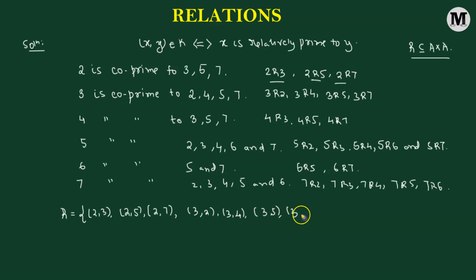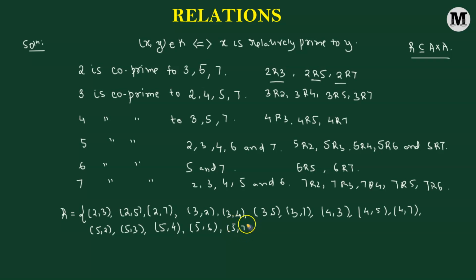(3, 7), (4, 3), (4, 5), (4, 7), then (5, 2), (5, 3), (5, 4), (5, 6), (5, 7).